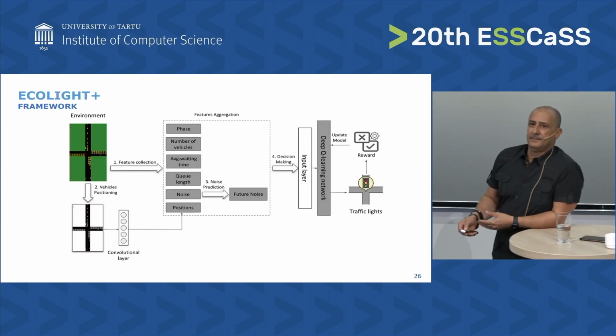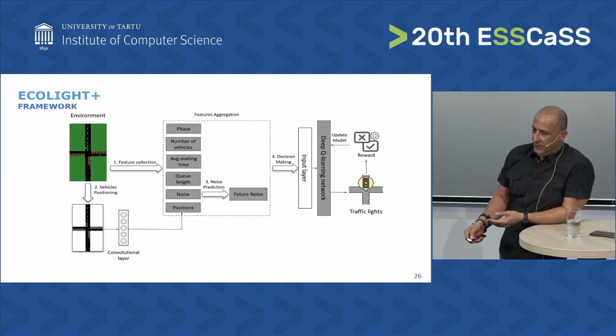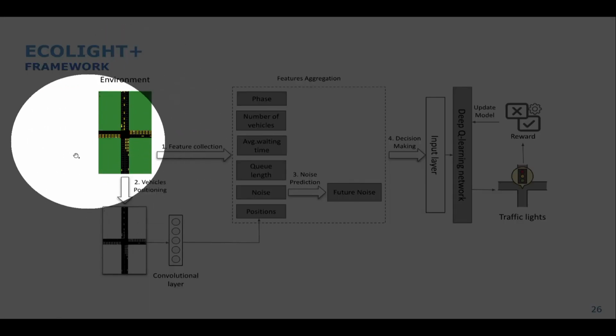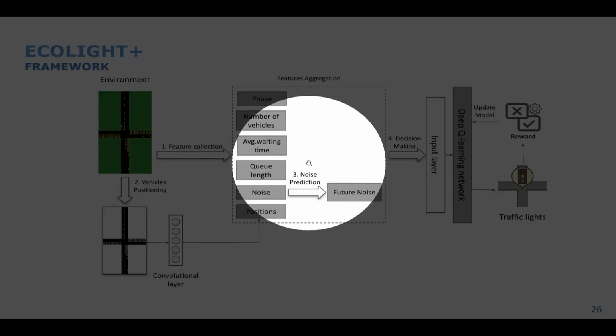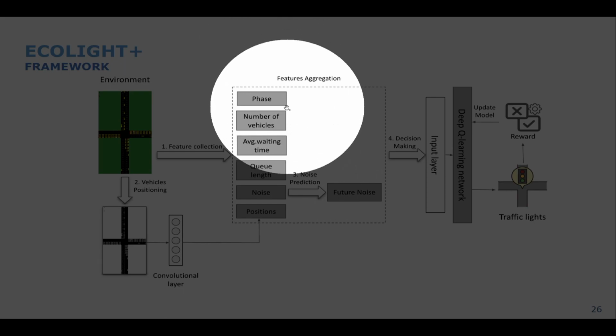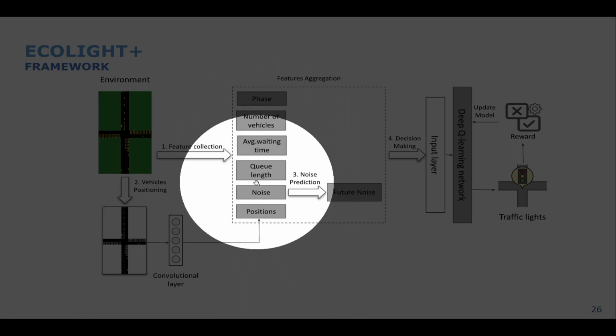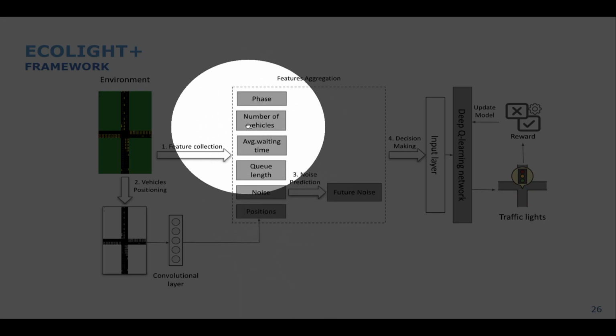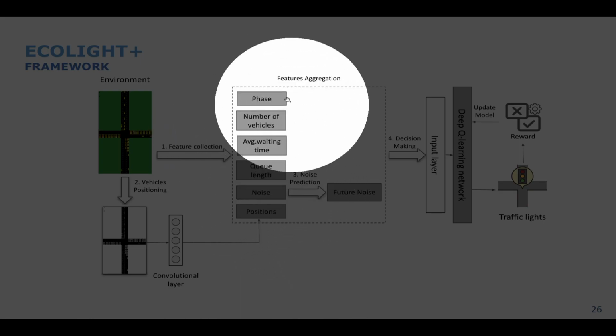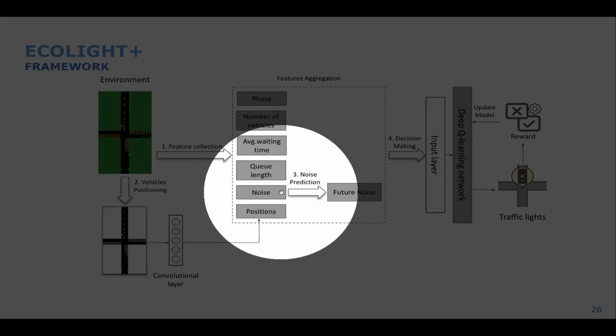So, as I said, we are collecting data from the environment, okay? And then from this data, we are doing this very advanced data fusion, okay? So we are including the phase, number of vehicles, average waiting time, queue length, noise.